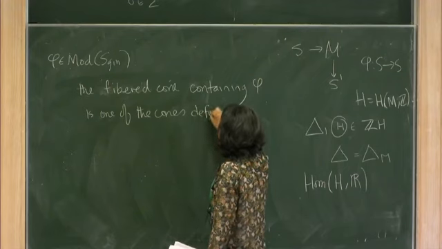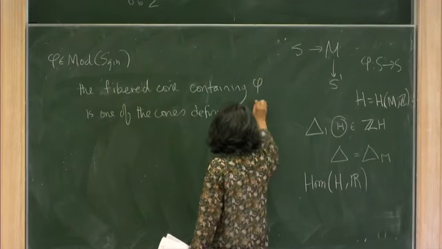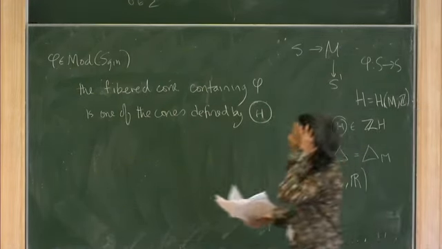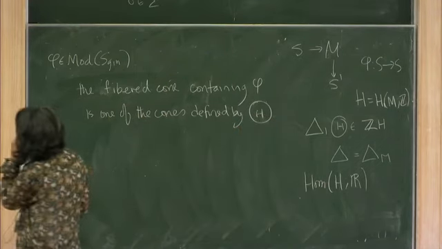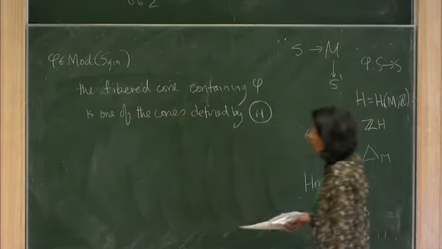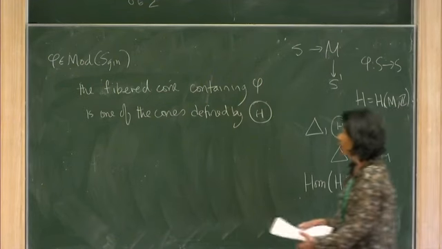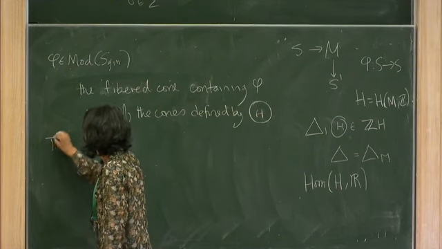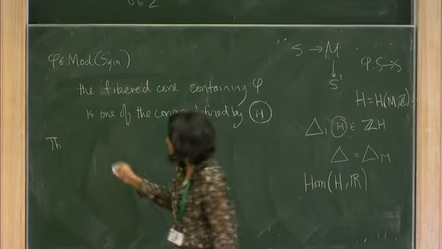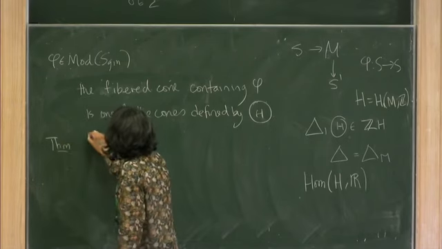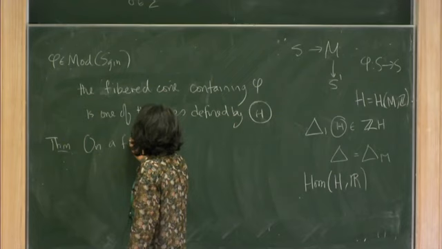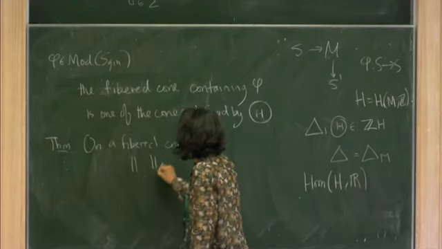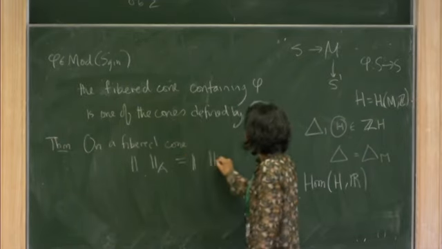Okay, so what would be nice is to actually get at the Thurston norm. But by the theorem that was mentioned in the last talk, on a fibered cone, the Alexander norm is equal to the Thurston norm.